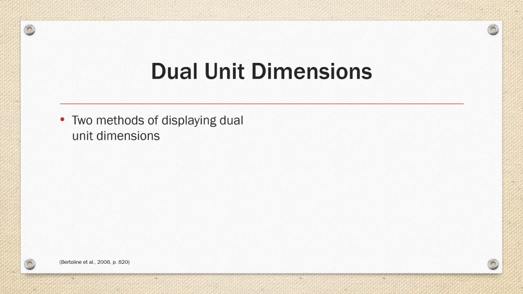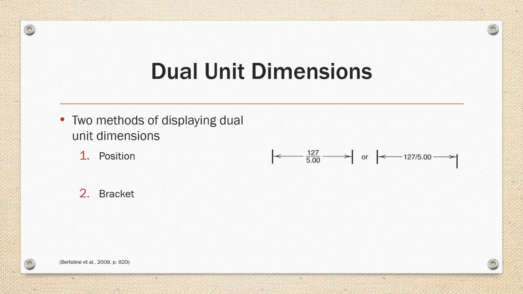There are two dimensioning methods common in industry where dual dimensioning schemes are used. There is position, which is the first one, where the primary and the alternative unit value is separated by a line or a slash, as displayed on the right.